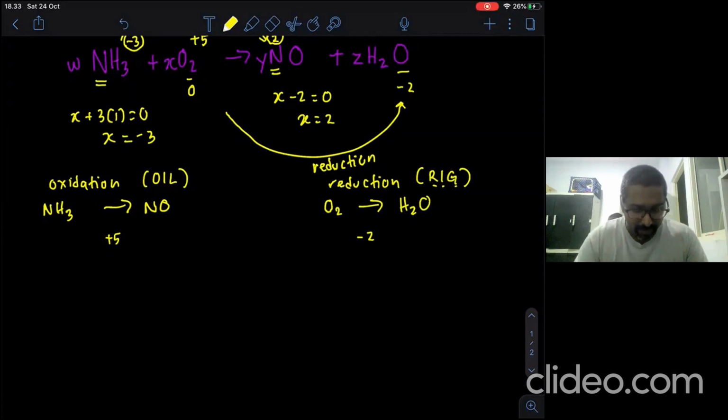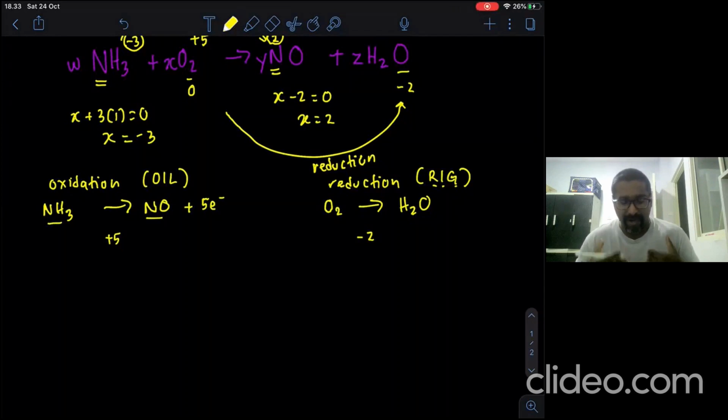Here, when we have +5, it means there is a loss of electrons, 5 electrons are going to be lost. Ammonia has lost 5 electrons, so +5 electrons. Forget about the nitrogen and so on, just leave it like that.